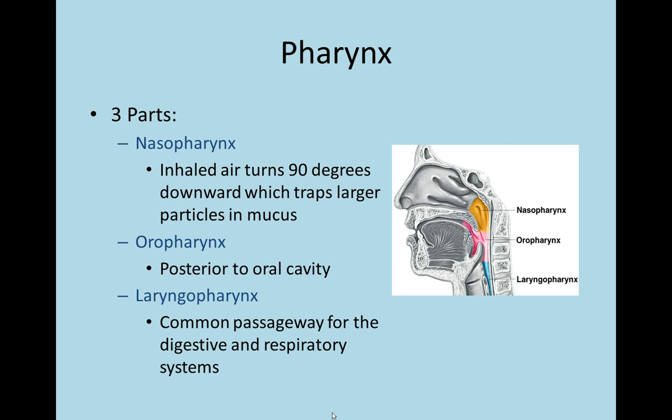The laryngopharynx is a common passageway for both air and food. What's really important is when you swallow, a flap called the epiglottis slams down over the larynx so that food will be guided down into the laryngopharynx and down ultimately into the esophagus, ensuring that food won't go down into the lungs.